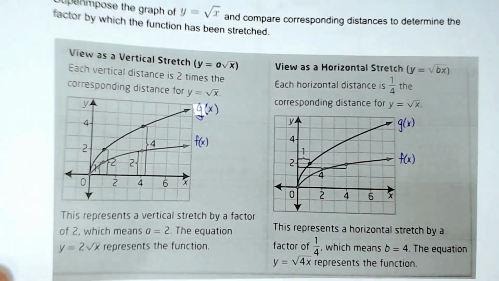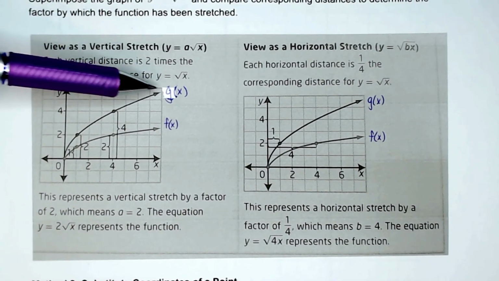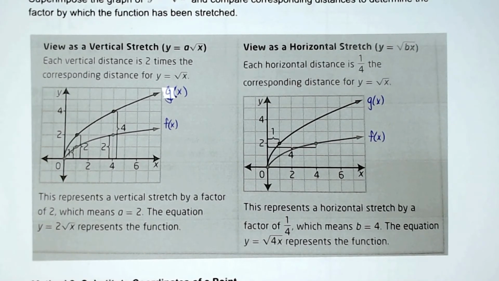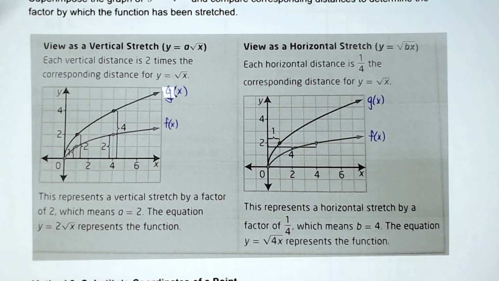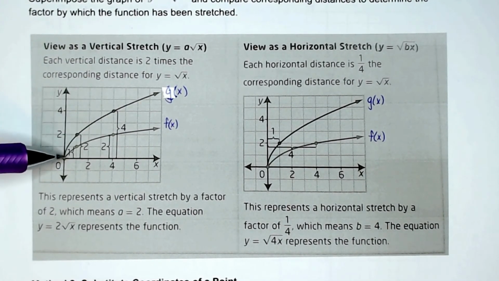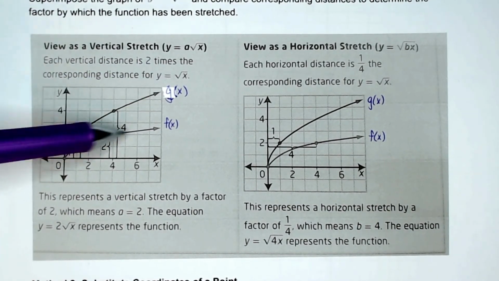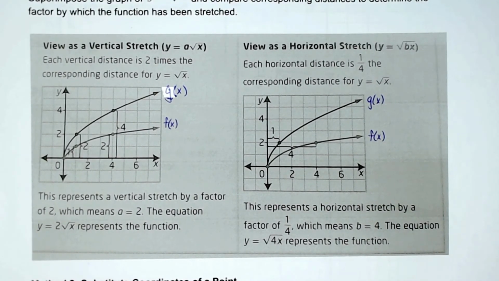So the y equals root x graph has that set of image points (0, 0), (1, 1), (4, 2), (9, 3), (16, 4), etc. And what we can do is when we're given g of x, we can draw that original f of x graph, y equals root x, onto our graph and compare it to the new graph and see what's happened.